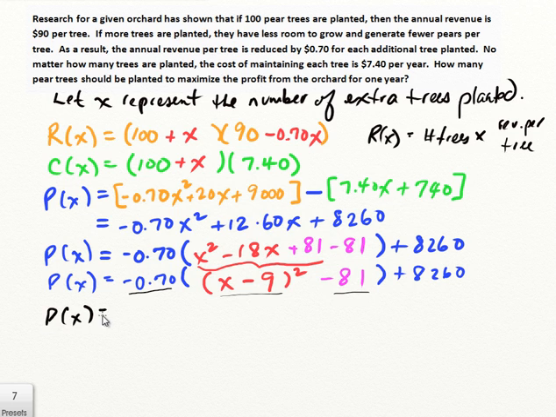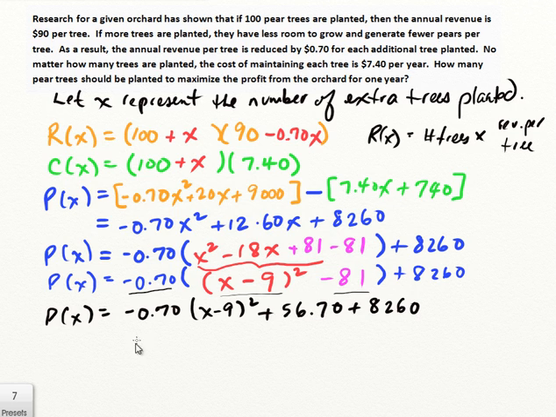Profit at x then becomes negative 0.70 times (x minus 9) squared, and then negative 0.70 times negative 81 is positive 5670. I'm happy to see a positive here because this means that our previous profit of 8260 is increasing.